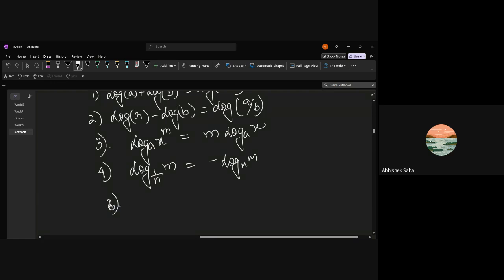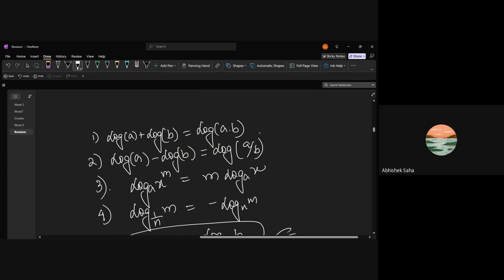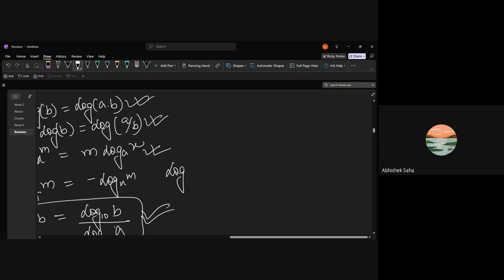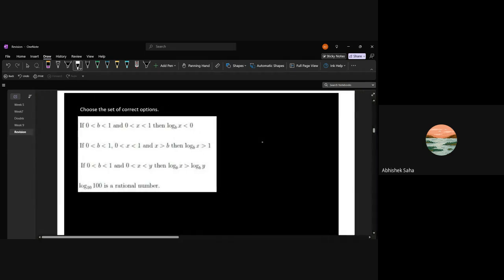If you remember the change of base rule, log of B base A, if you don't know, you can take a common base as 10: log of B base 10 divided by log of A base 10. This is the change of base rule. So remember this one, this is very important. And also one more: log of A base A is equal to 1. Okay, this would be enough to solve that problem.